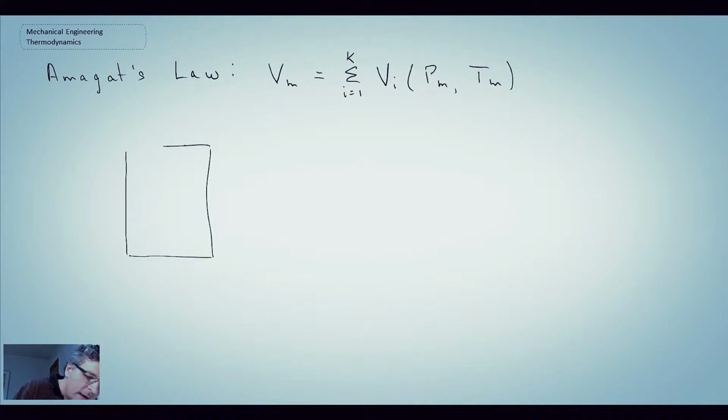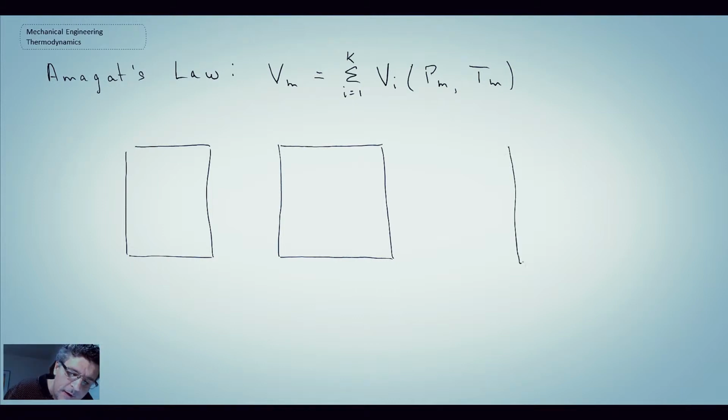So imagine we have one container, then we're going to have another container that is slightly bigger, and then our third container is going to be of a volume that is equal to the sum of the first two volumes.